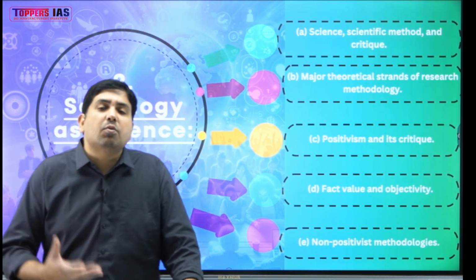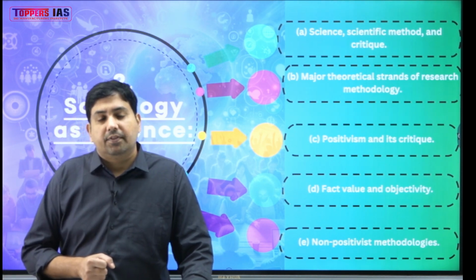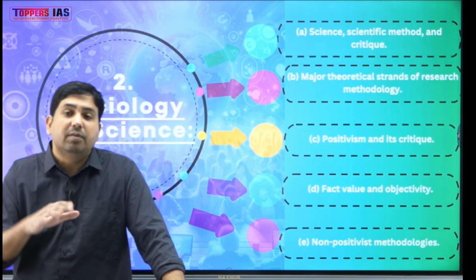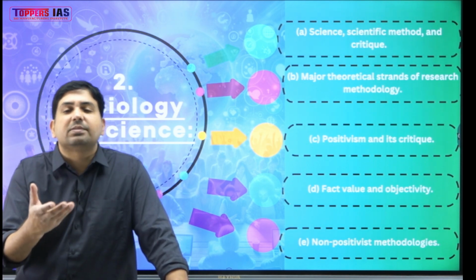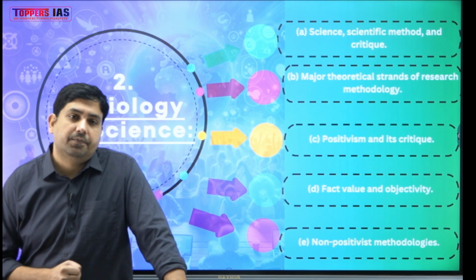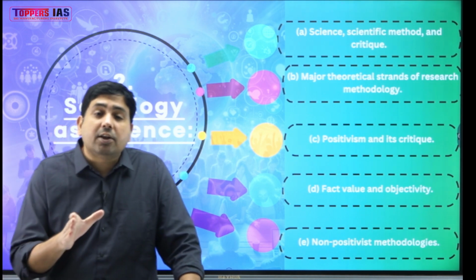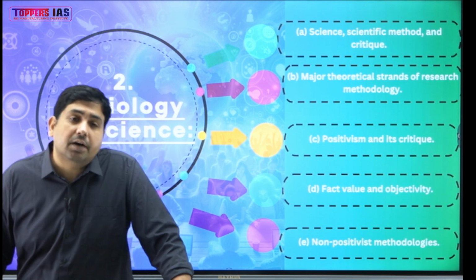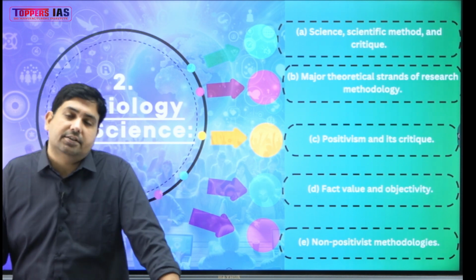Individuals have emotions, and we give meaning to our actions. Before doing anything, we give some meaning and then we act. And these things cannot be simply measured or observed like physical objects.